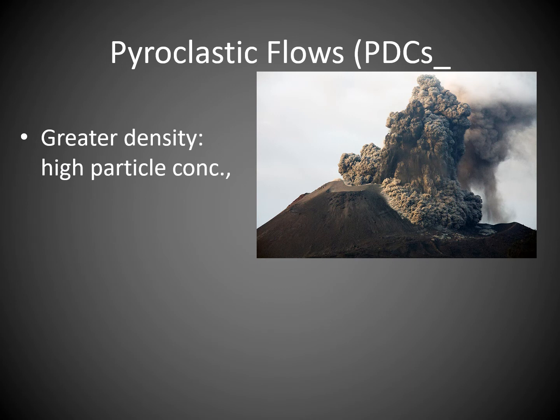So pyroclastic flows, or pyroclastic density currents, as a flow has pretty high density, it's an avalanche, so it's rocks, but it moves as a mass sort of downhill. So it has high, what we call particle concentrations, just lots of blocks and pieces, and extremely hot, right around melting temperatures.